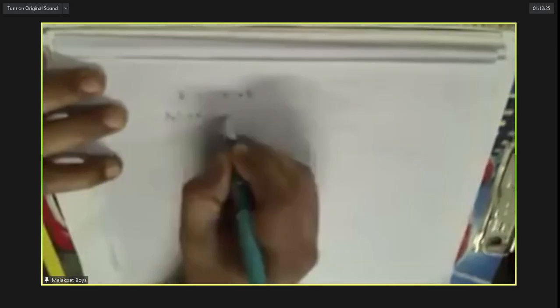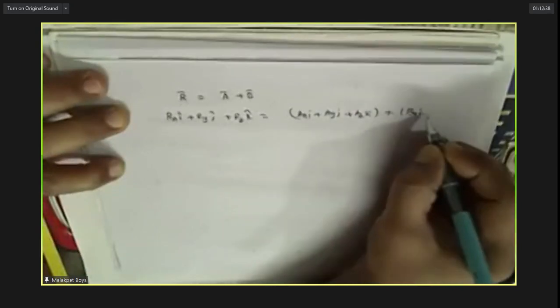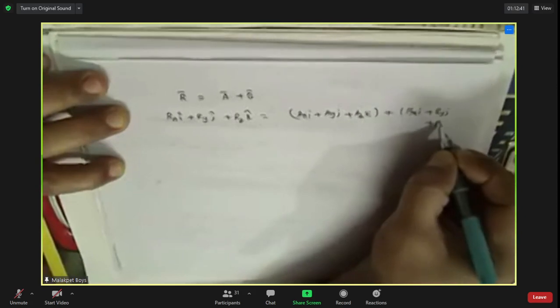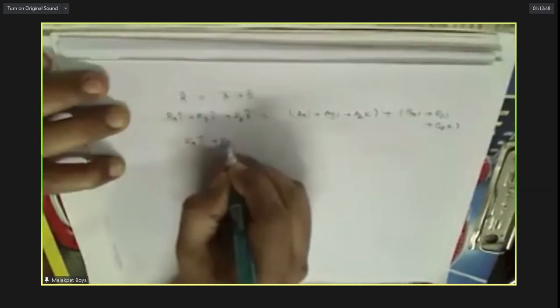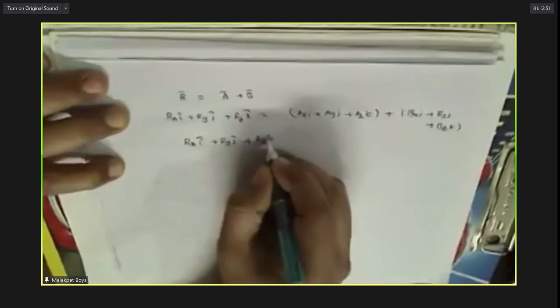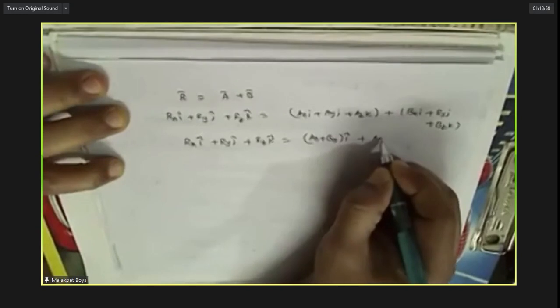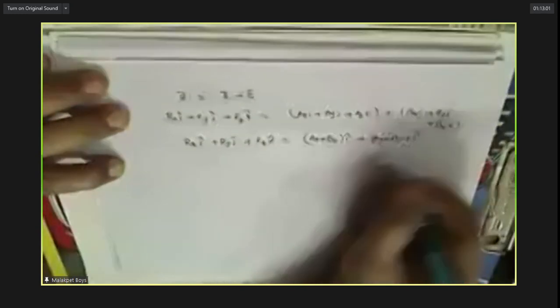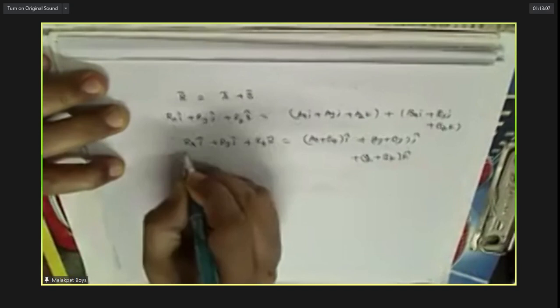You can write the components: Ax i, Ay j plus Az k plus Bx i, By j plus Bz k. So R equals Rx i, Ry j, Rz k, which is (Ax plus Bx) i plus (Ay plus By) j plus (Az plus Bz) k. Now what are you doing? Are you not equating these two?